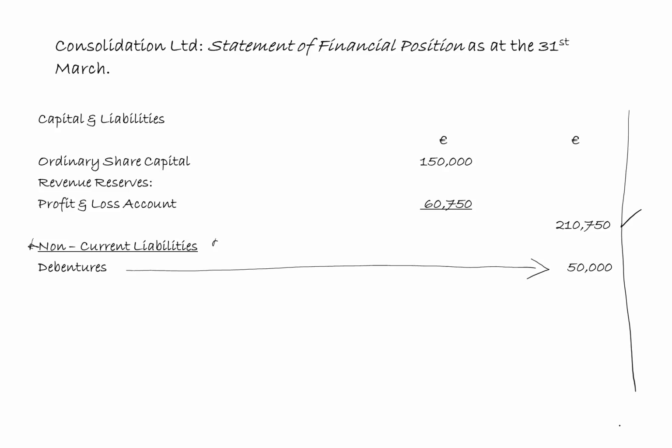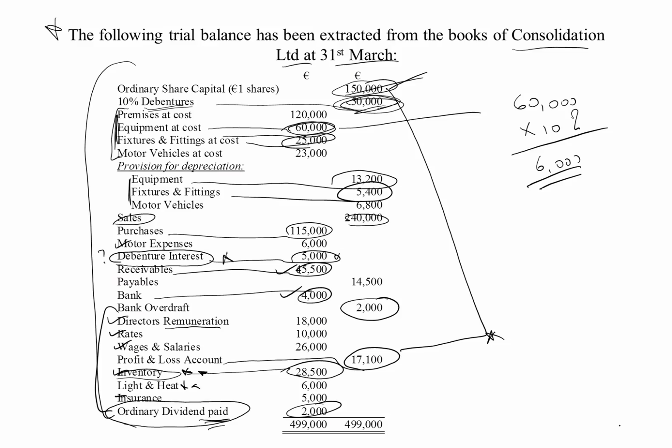Now finally I have my current liabilities. So I need to go and have a look for these. So if I go back to my trial balance, liabilities will be on the credit side of the trial balance. So everything should be used now except for what I'm going to pop in under my current liabilities. So if I have a quick look at that, I can see I have payables. That's a current liability.